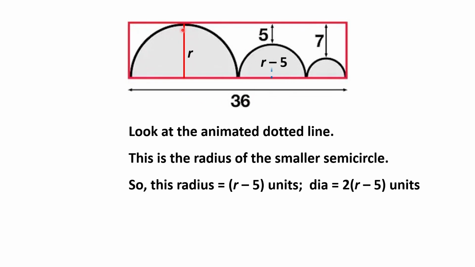The full radius of the largest semicircle is r, and the top part is 5, so the radius of the second semicircle would be r minus 5 units. The diameter would be twice r minus 5.